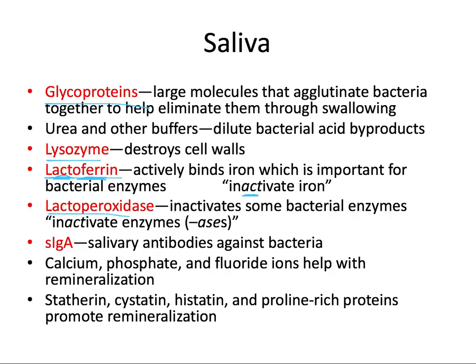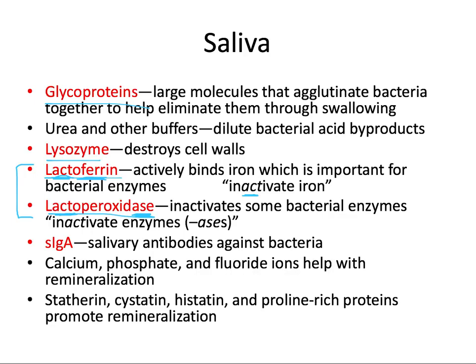And then we have lactoperoxidase, which inactivates bacterial enzymes. So again, we have act here, so we're inactivating ACEs, which are enzymes. So that's how I keep these two things straight, and they almost always pop up on the board exam. So just a little helpful memory tip there.